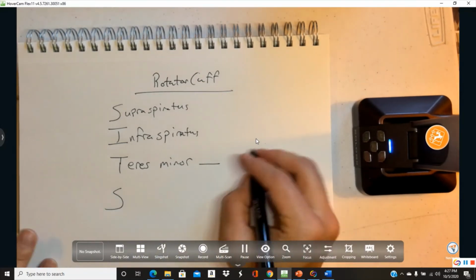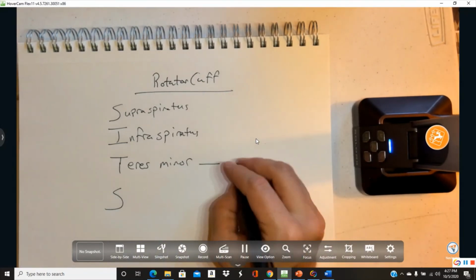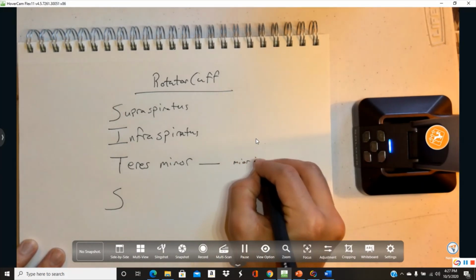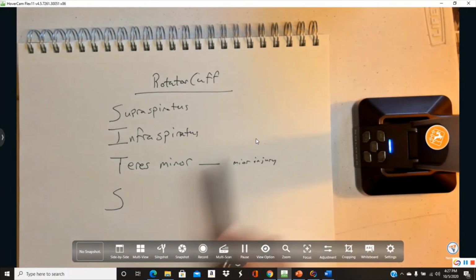Now, think about a rotator cuff injury as a minor injury, okay? It's not going to kill you if you tear your rotator cuff. How do I know? Because I have one.